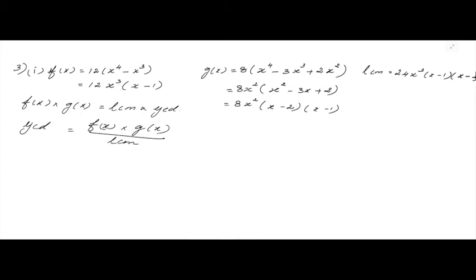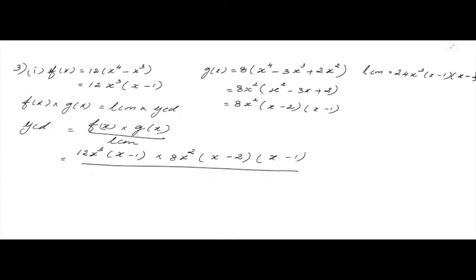And what is your f of x? It is 12 x power 3 into x minus 1, and your g is 8 x power 2 into x minus 2 into x minus 1. Dividing by LCM, that is 24 x power 3 into x minus 1 into x minus 2.